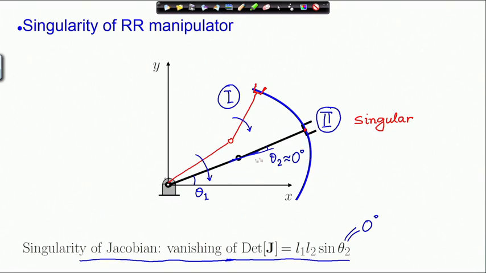As you can see, the manipulator is completely extended. So, this point on the path is actually on the boundary of the workspace. So, this is roughly the boundary of the workspace, which we have discussed before. So, this point of the path lies on the boundary of the workspace.